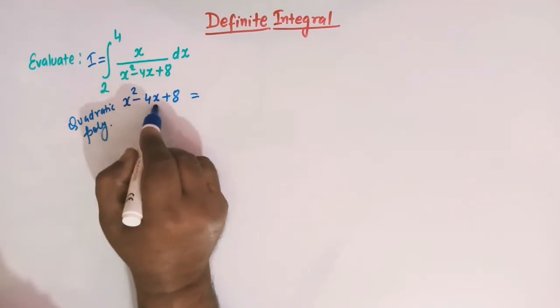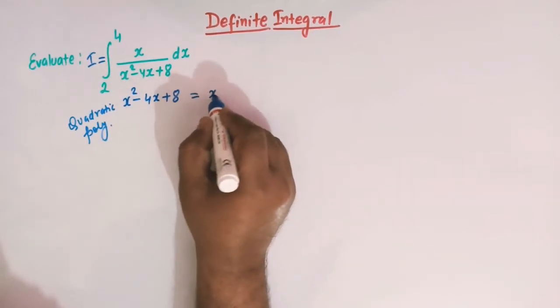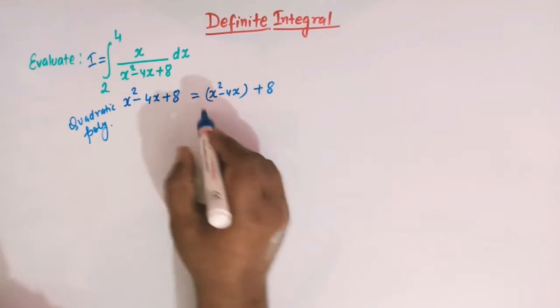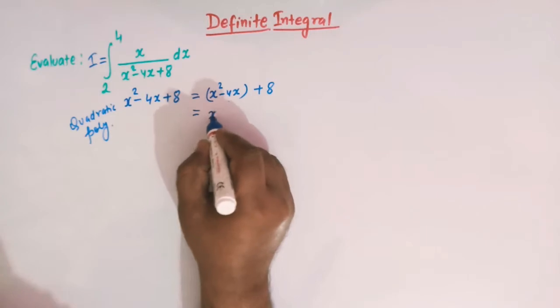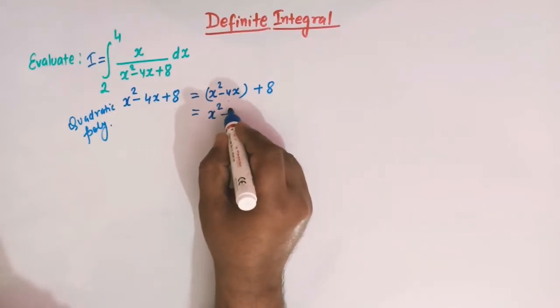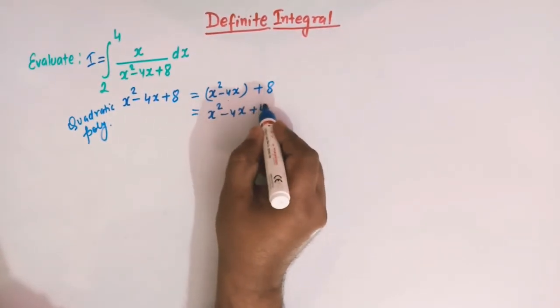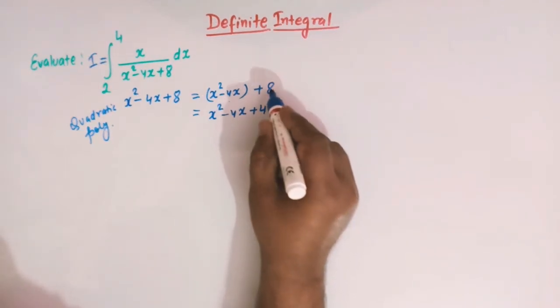So we'll take these terms, x square minus 4x plus 8, and now we can write x square minus 4x plus 4, and here we have plus 8.